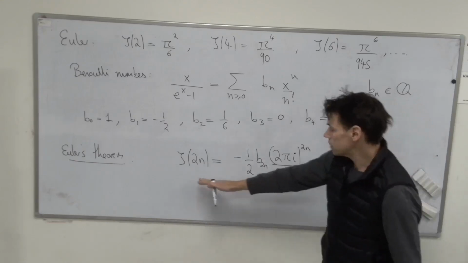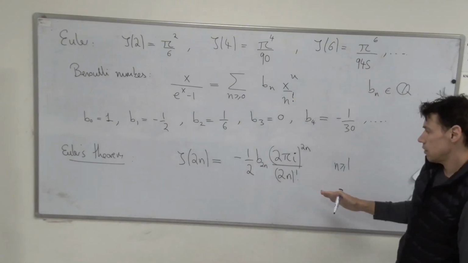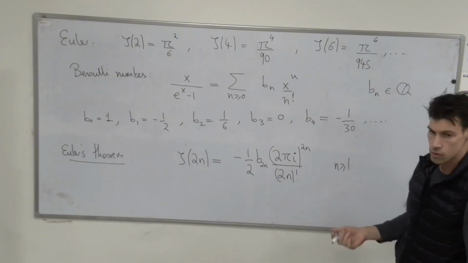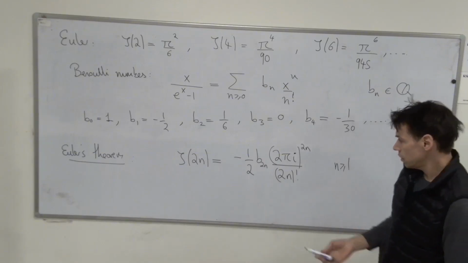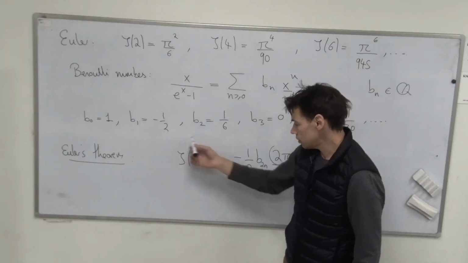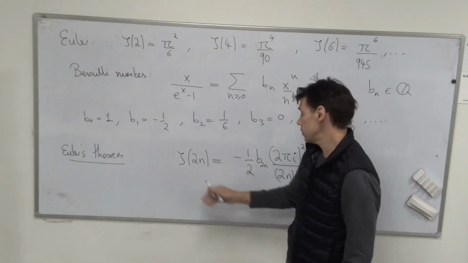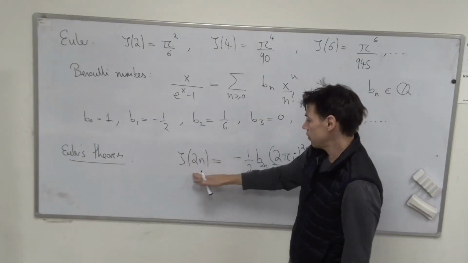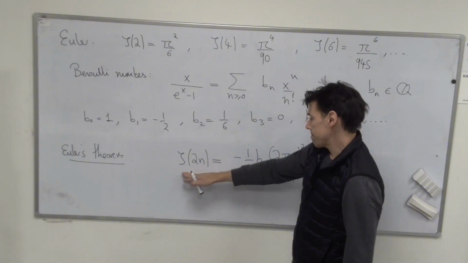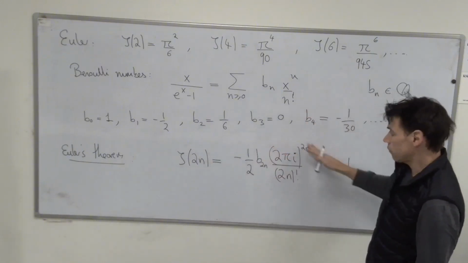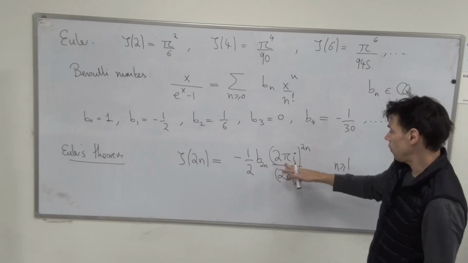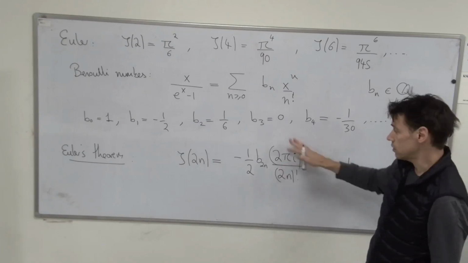This is the first example of a whole field of number theory and algebraic geometry called the special values of L functions. This is an example of a value of an L function, and it's related to arithmetic, number theory. On the right-hand side, we have what is called a period, which we'll look at next time, and it involves the circumference of the circle, something geometric.